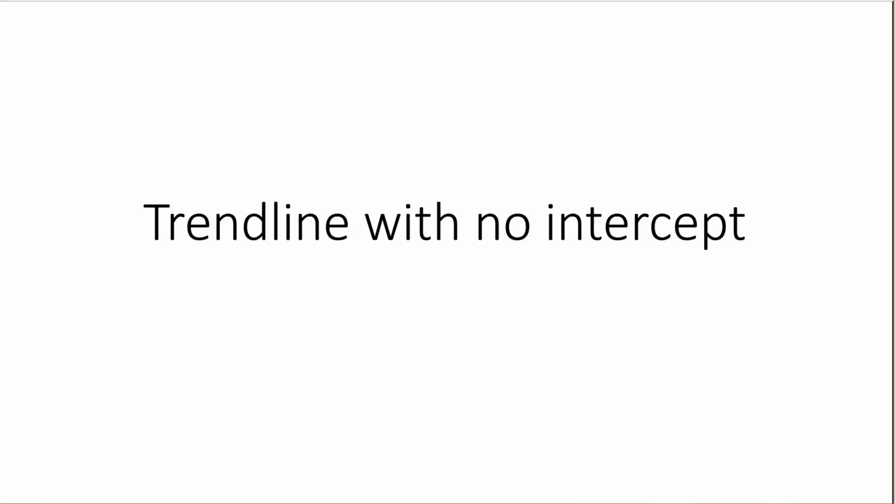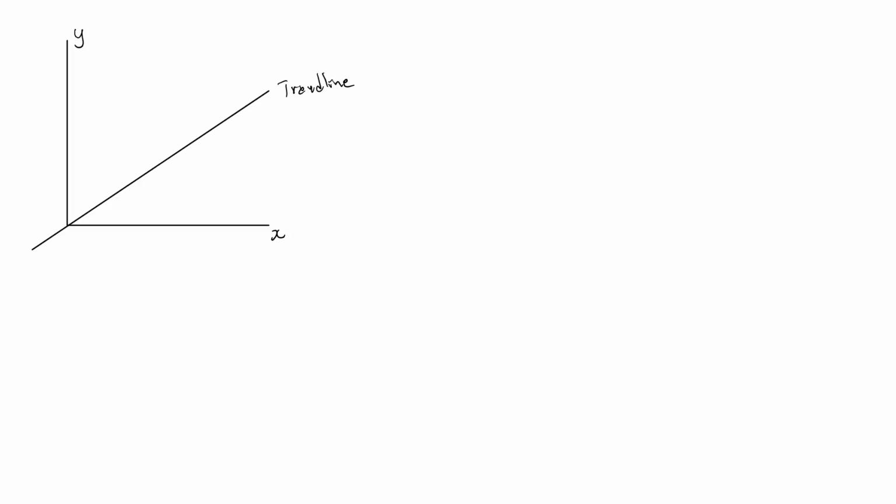In this lecture, we'll have a look at linear trend lines with no intercept. No intercept is just a weird way of saying that the intercept is zero, meaning that we have a trend line that intersects the origin. So my trend line now will look like this.